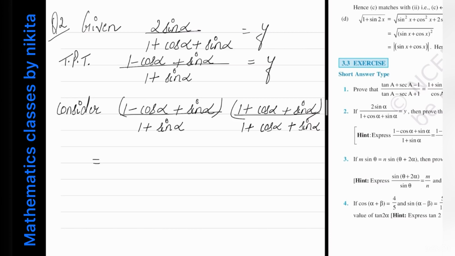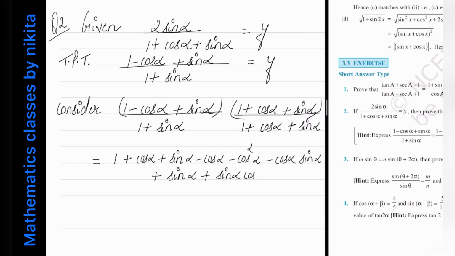So I am writing the whole expression: 1 plus cos alpha plus sin alpha, then minus cos alpha minus cos square alpha, then minus cos alpha sin alpha plus sin alpha, then plus sin alpha cos alpha, then plus sin square alpha, divided by 1 plus sin alpha into 1 plus cos alpha plus sin alpha.